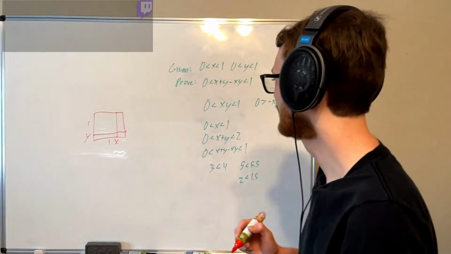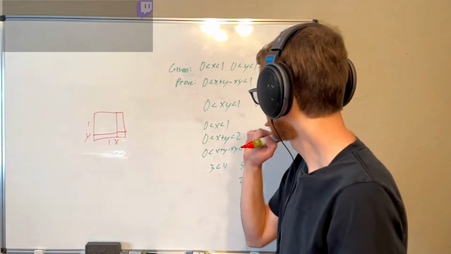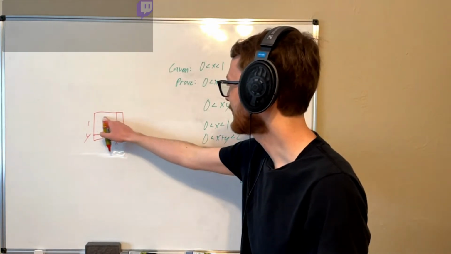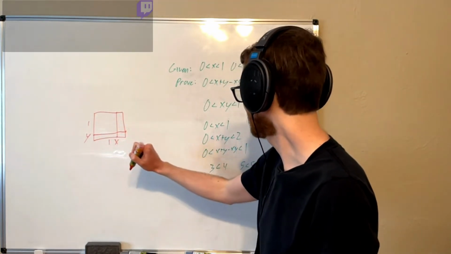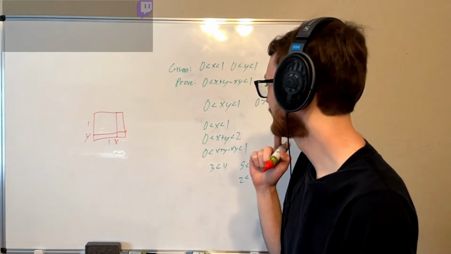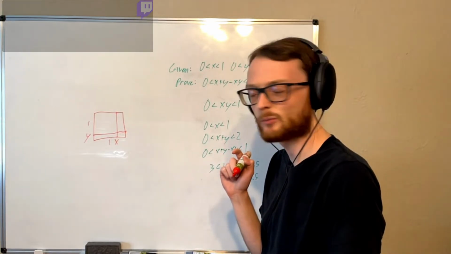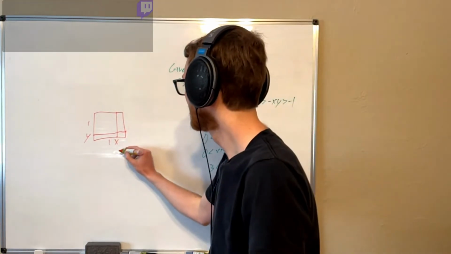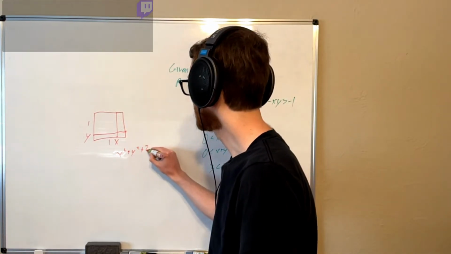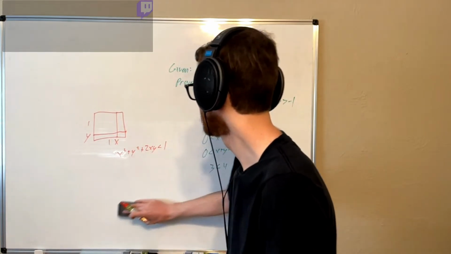Oh. This is Y, that's X, and these two are XY? But this is like X squared, Y squared, like X squared plus Y squared plus 2XY is less than or equal to 1.